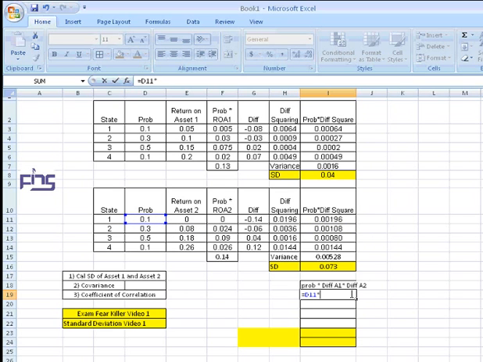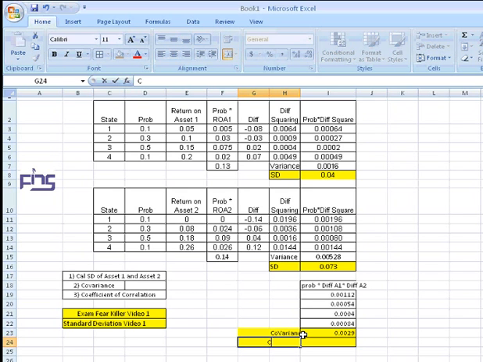Both the probabilities are the same, so I have taken only one of these. Probability into difference of A into difference of B. So when I get 4 of them and I get the sum, I get the covariance.